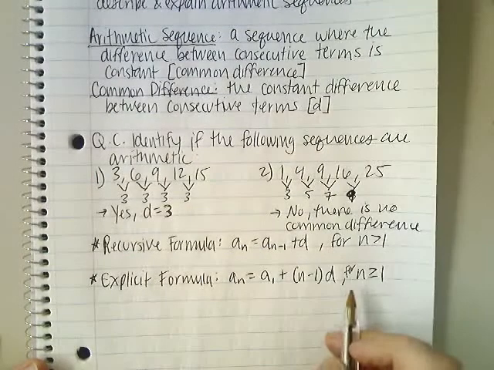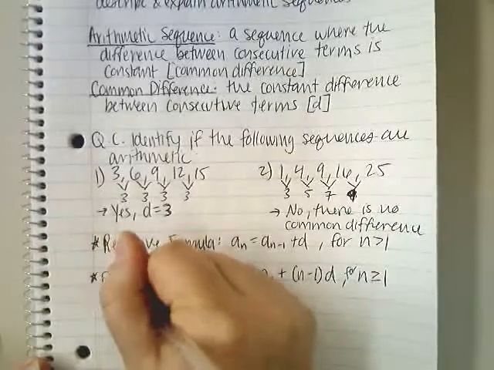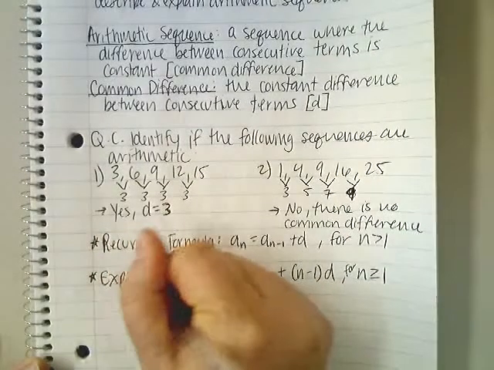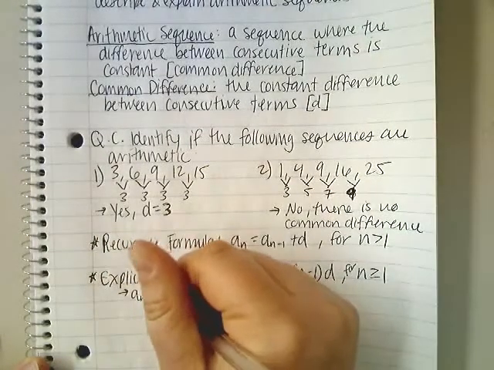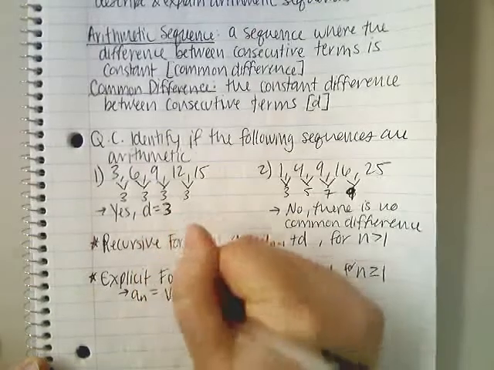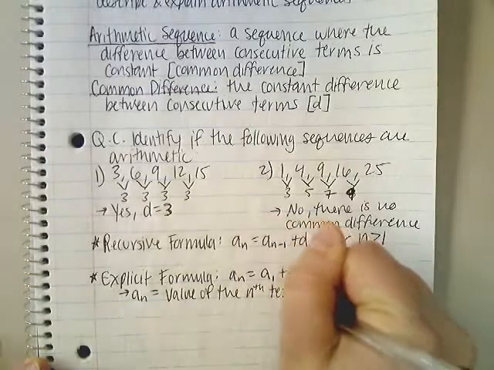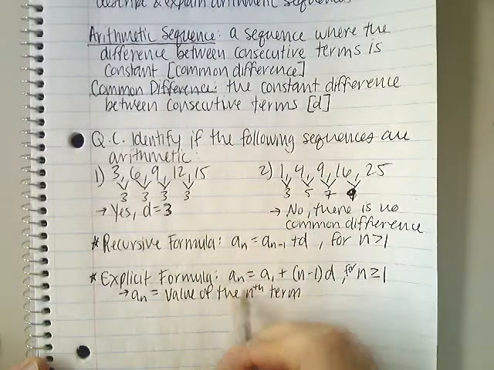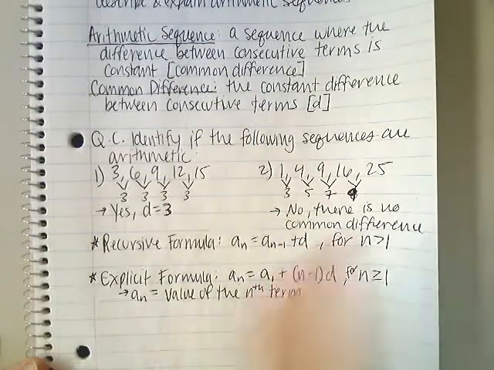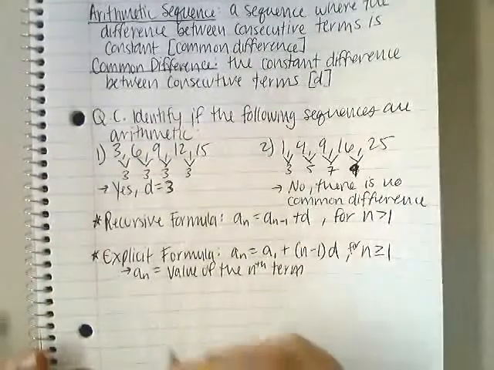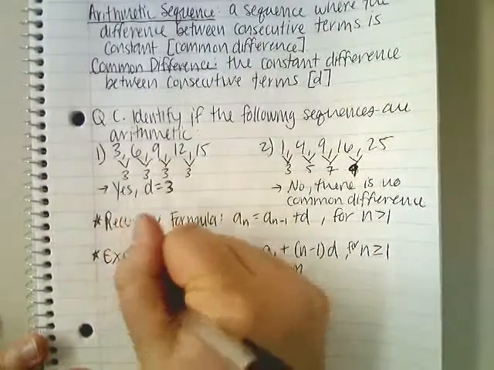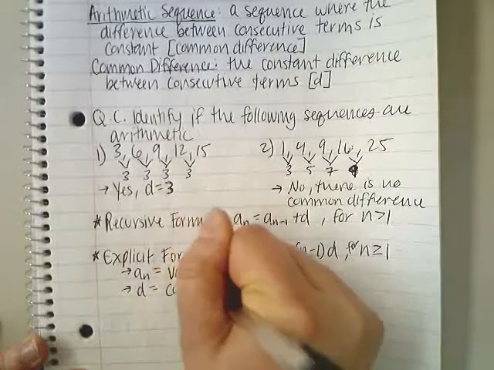So let's define these variables here. The first one is a sub n, and that is our value of the nth term. So if there were a 4 here, that'd be the value of the fourth term, or what the actual fourth term in the list would be. D, as we've mentioned, is our common difference.